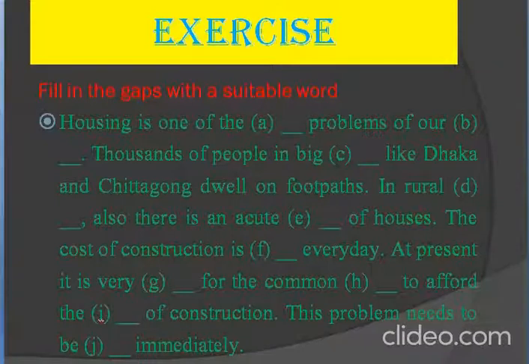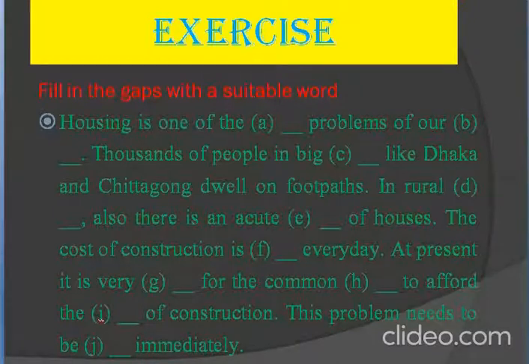In rural blank, also there is an acute blank of houses. The cost of construction is blank every day. At present it is very blank for the common blank to afford the blank of construction. This problem needs to be blank immediately. So the topic is about the housing problem.